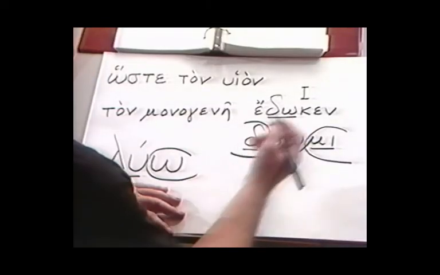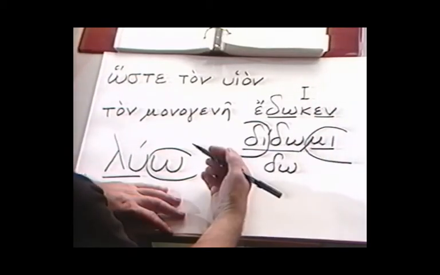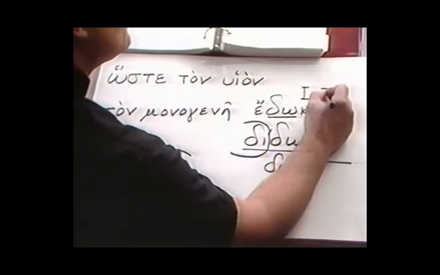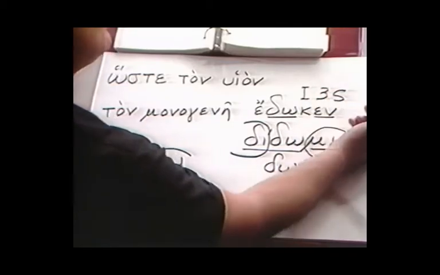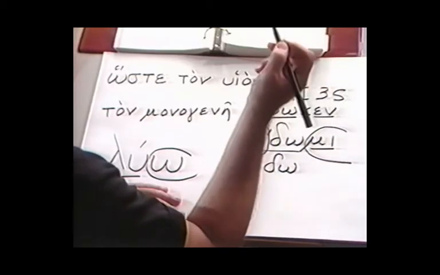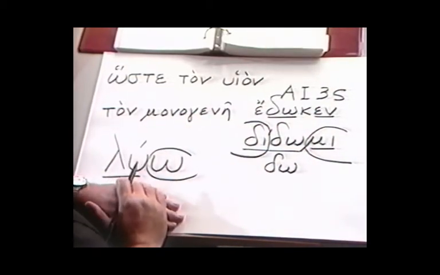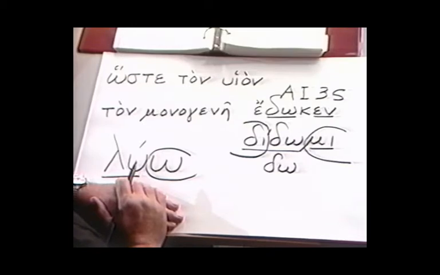Okay, let's go to the back part of the verb, and we see this ending, epsilon, which is third singular. It's also an active ending. And in front of it, we see a kappa tense indicator. Oh my goodness. I thought it was the perfect tense which had a kappa tense indicator.